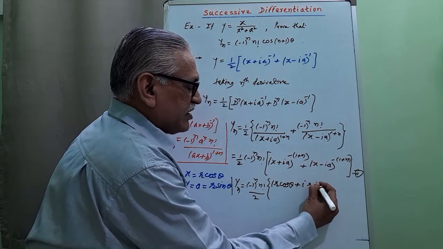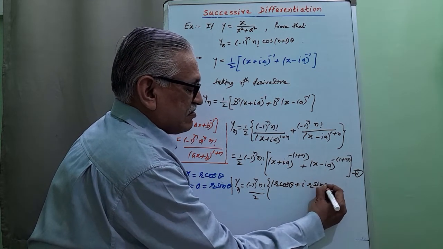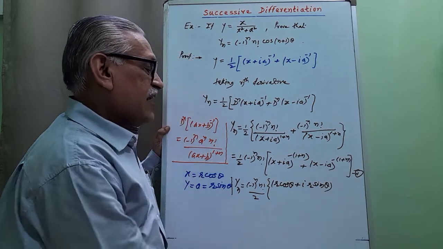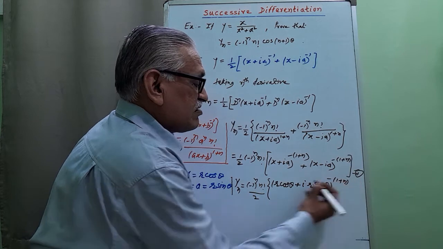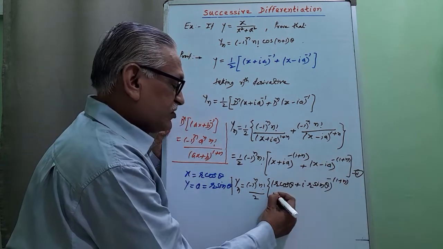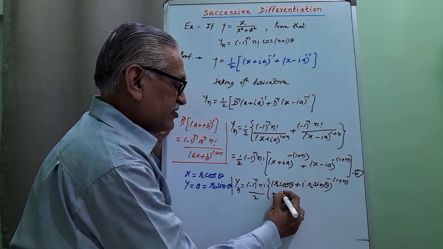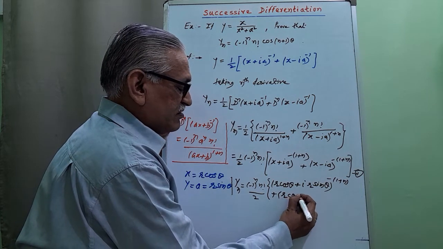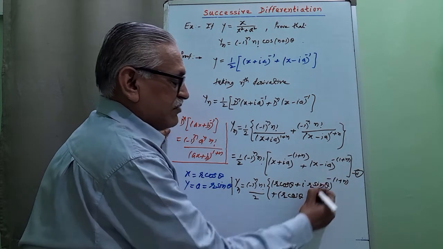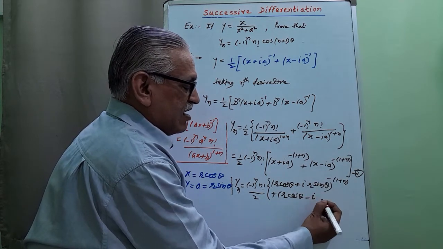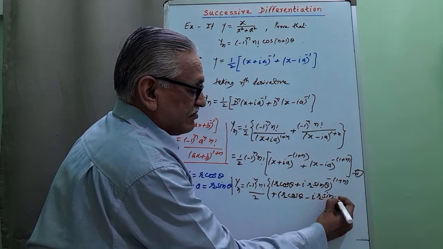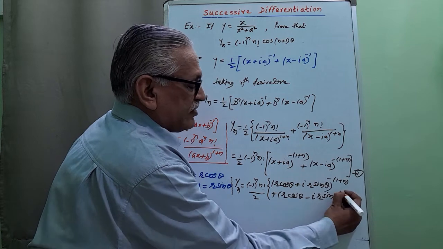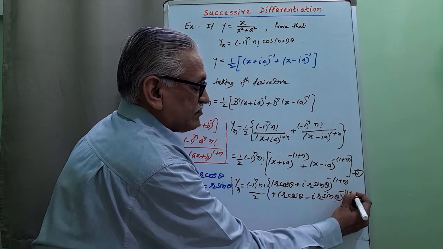A is r sin theta, and that bracket raised to minus of (1 plus n). And similarly for the second bracket, it is again x. X is r cos theta and minus ia is r sin theta, and that raised to minus of (1 plus n).